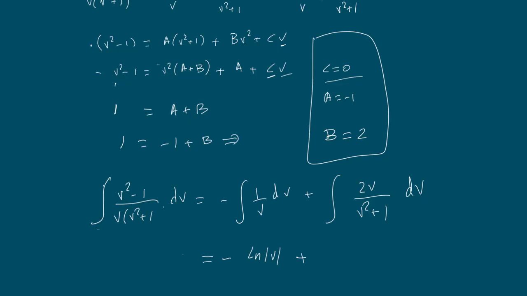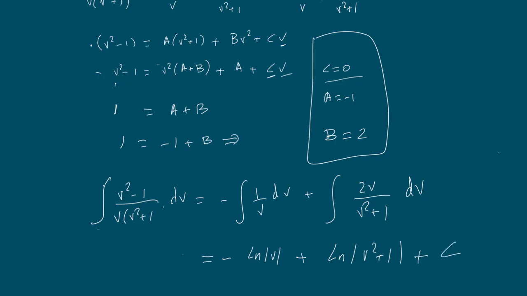So it's the natural log of v squared plus 1, because the derivative of the natural log of v squared plus 1 is 1 divided by (v squared plus 1), multiplied by the derivative of v squared plus 1, which is 2v, plus a constant of integration.